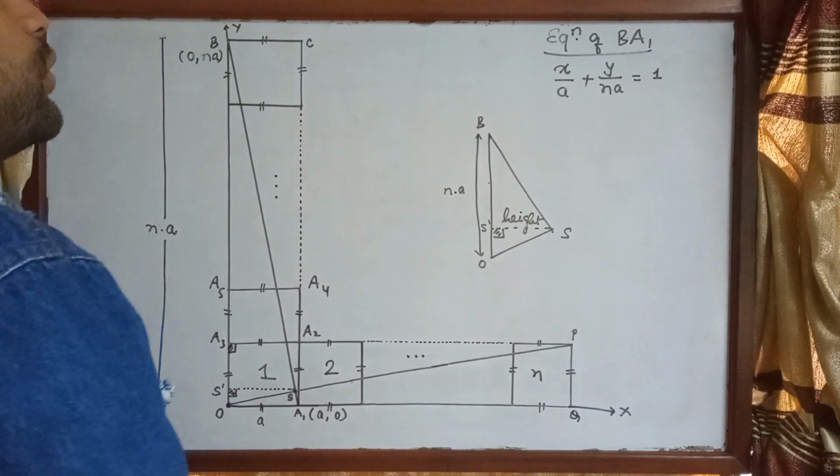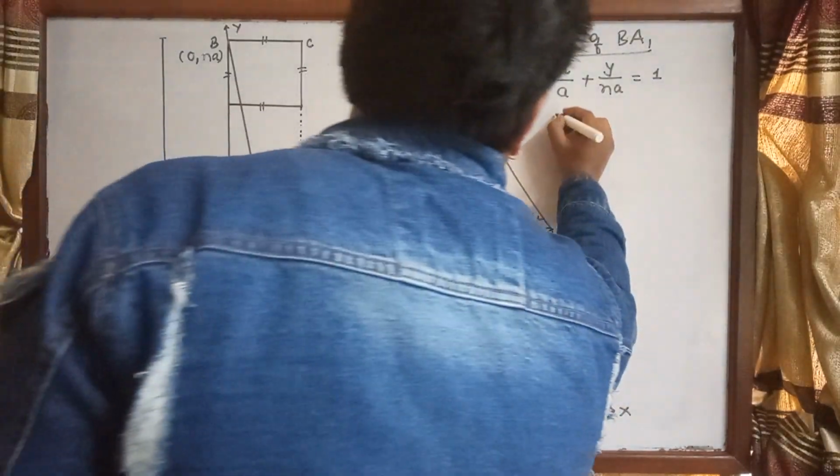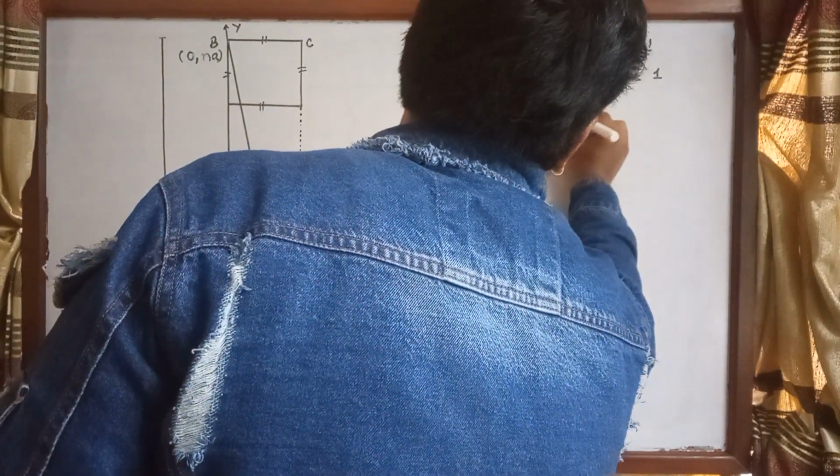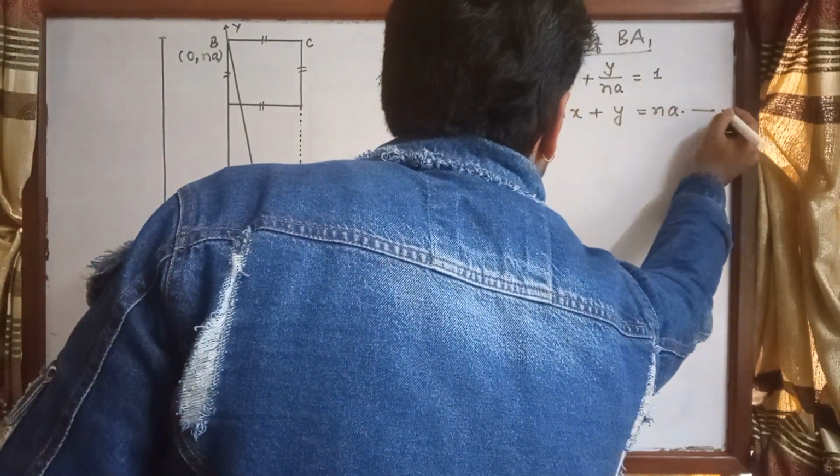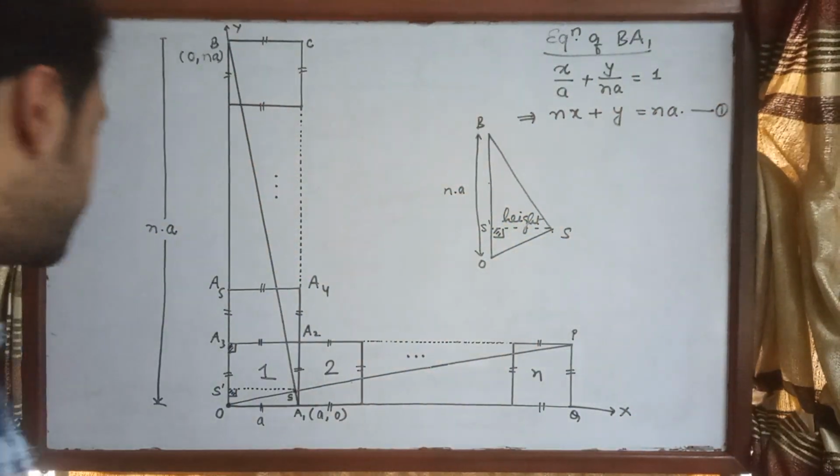Now if we multiply both sides by n, we get nx plus y equals na. Let's call it equation 1.